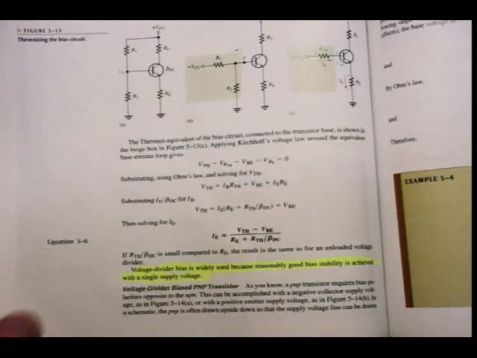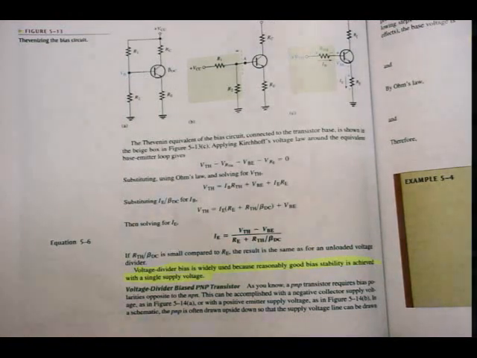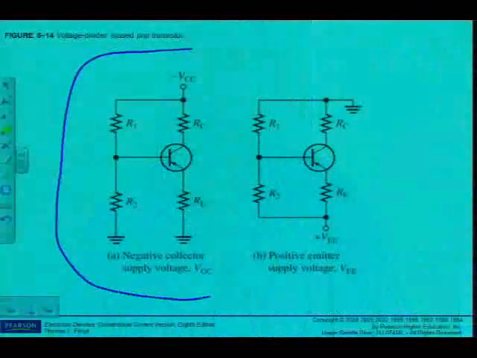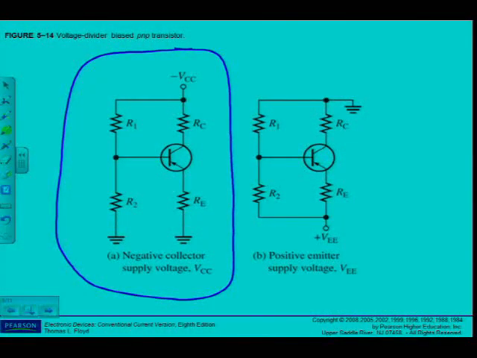If we go and look at figure 5.14, you can see there are two methods. The one that I want you to learn is this one. You can see that it looks similar, or it looks exactly the same as the NPN that we've discussed, only I can see now that I am using not an NPN, but a PNP transistor.